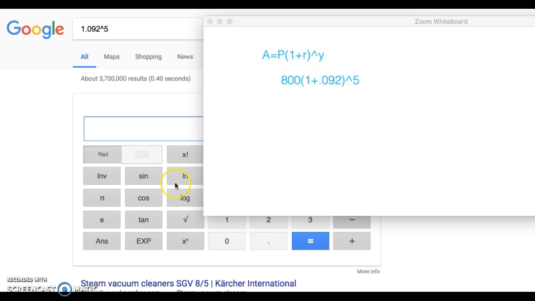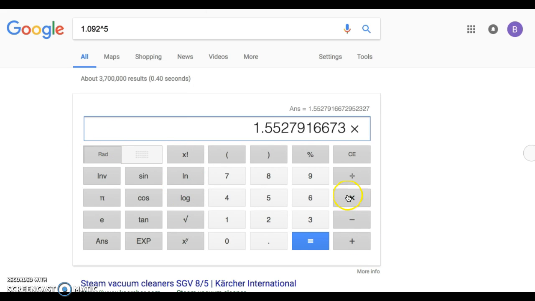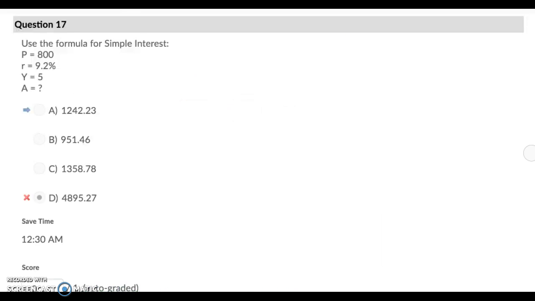And without clearing it, I'm just going to multiply that number by 800, which will give me 1,242.23. Which is this one right here.